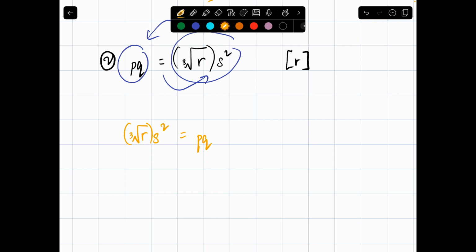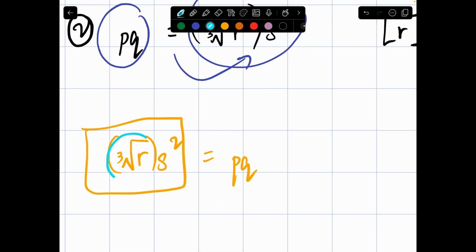What I teach my students is to work from the outside to the inside. Just take a look on the left hand side and see what is disturbing R. So we have cube root and we also have S squared. Take a look at which is outer, which is the furthest from R. And you can see it is S squared.